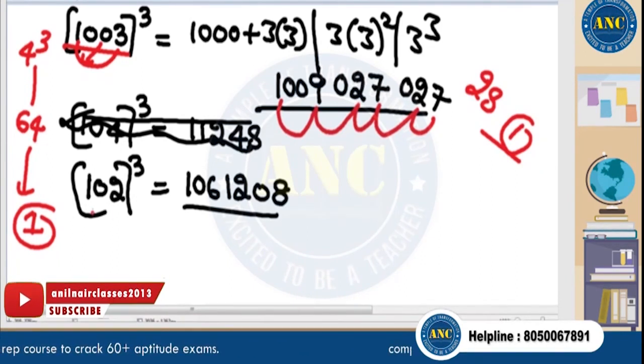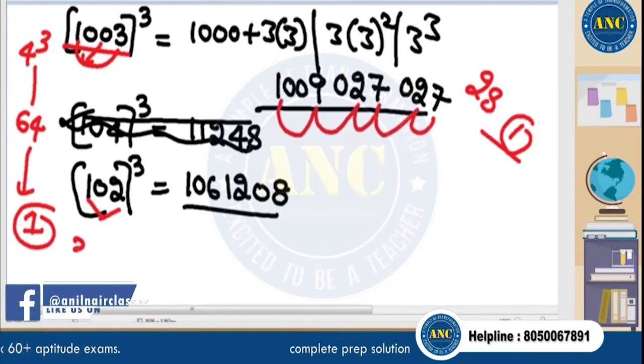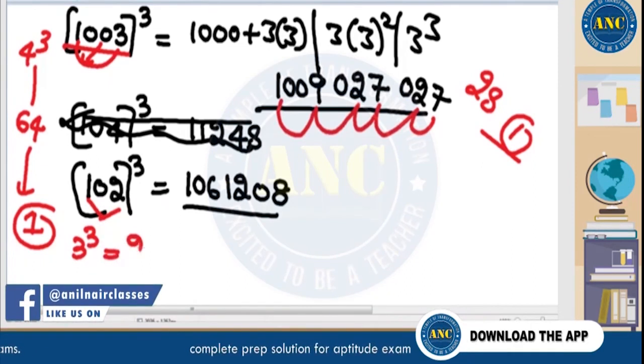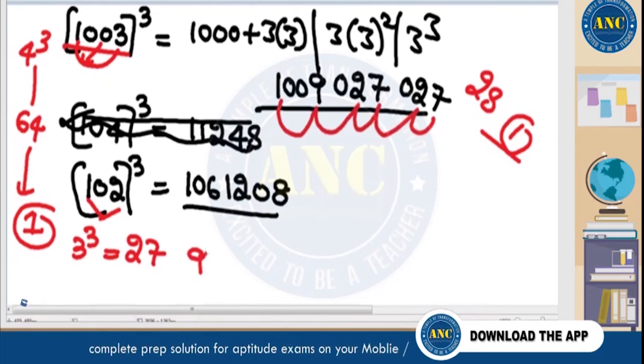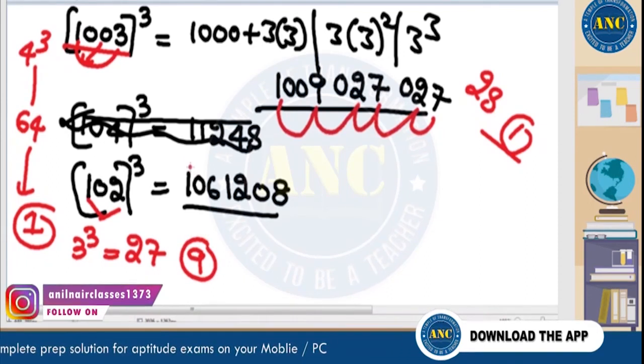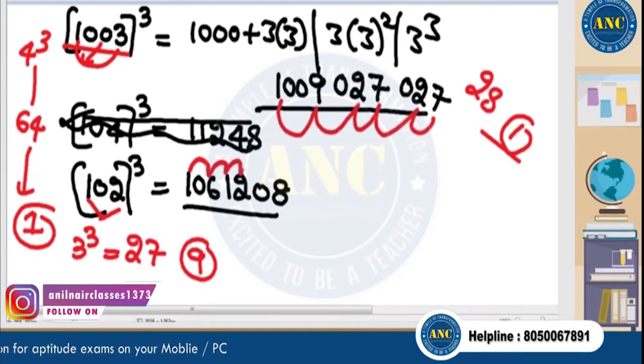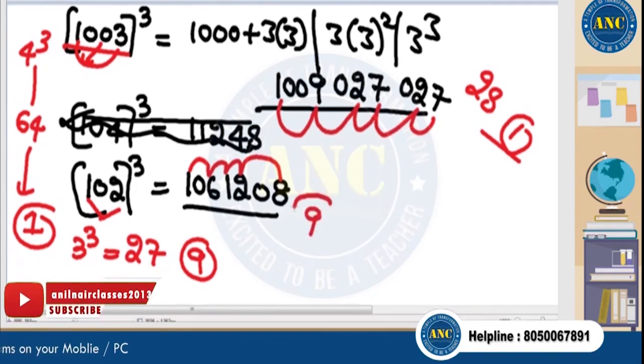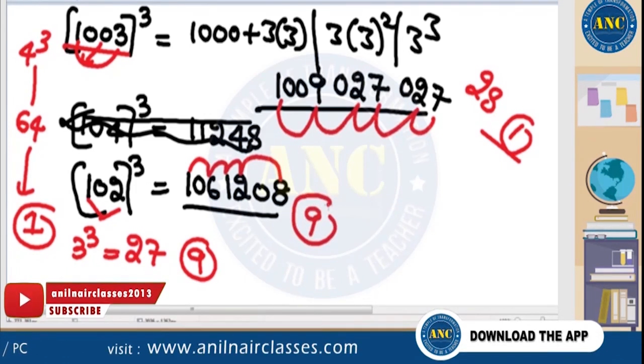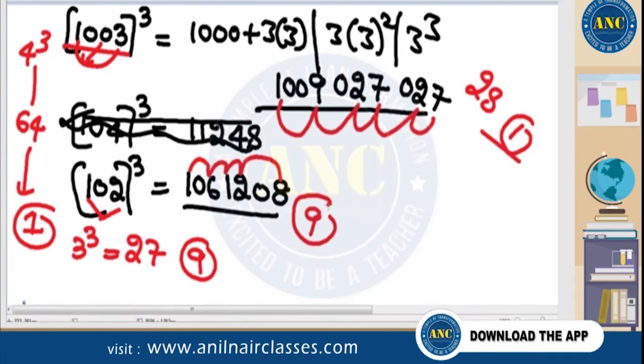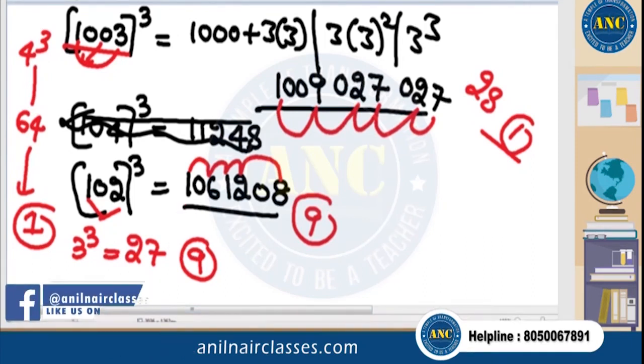Digital sum is 1. One more, Swati. 1 plus 2 is 3. 3 cube is 27. 2 plus 7, 9. 1 plus 6, 7. 8, 10, 18. 18 digital sum is 9.